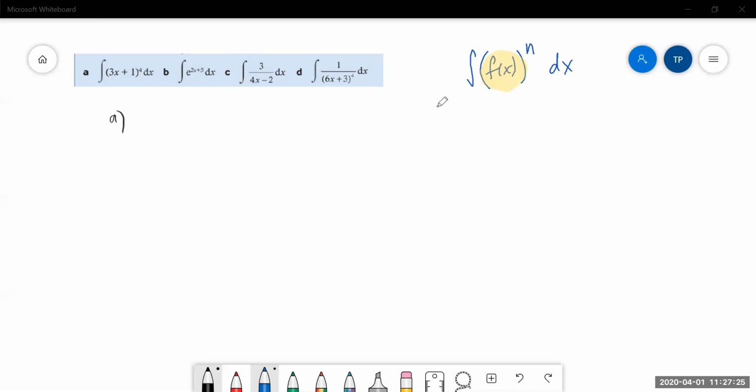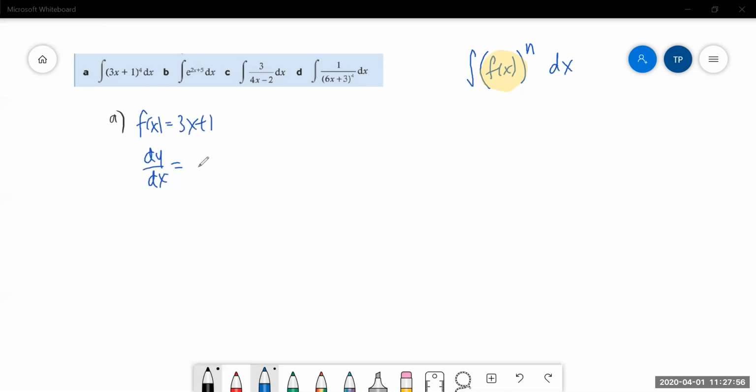Since fx is equals to 3x plus 1, we need to find the dy dx of this.